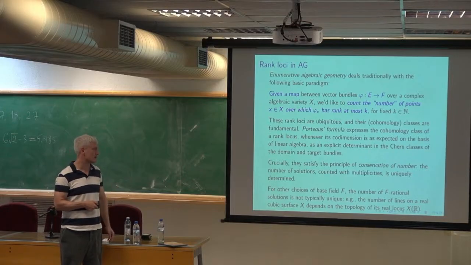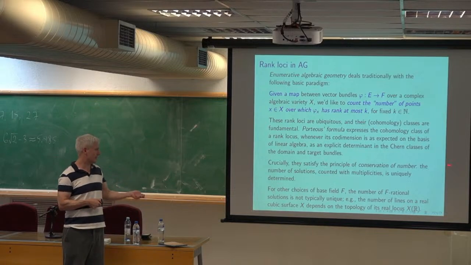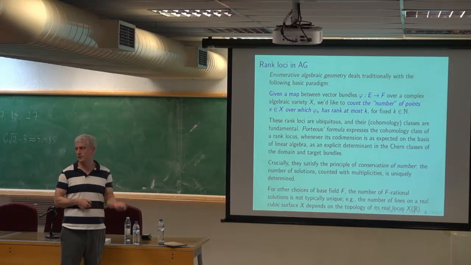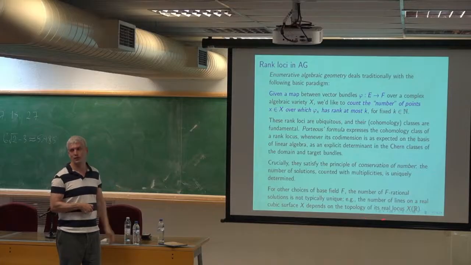So for example, perhaps the most classical enumerative problem in algebraic geometry is counting the number of lines on a complex cubic surface in P3. In that case, the number is 27 over the complex numbers. But if you ask to do the same count over the real numbers, the answer is going to depend on the topology of the real locus of your cubic surface.